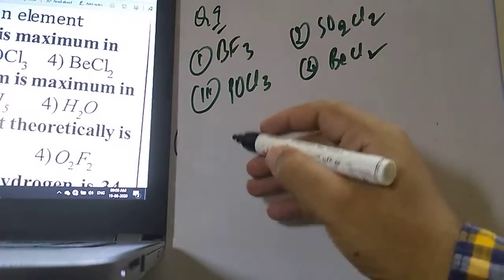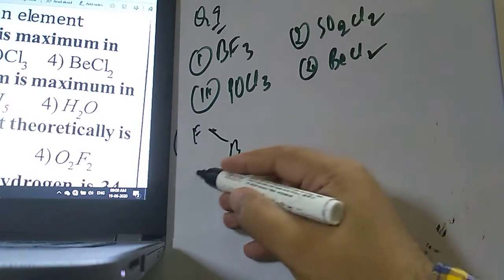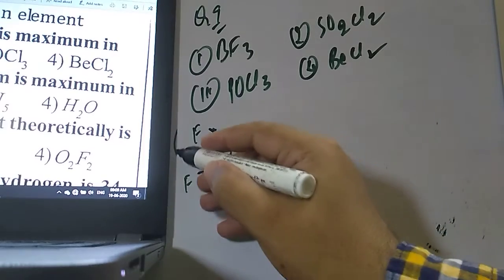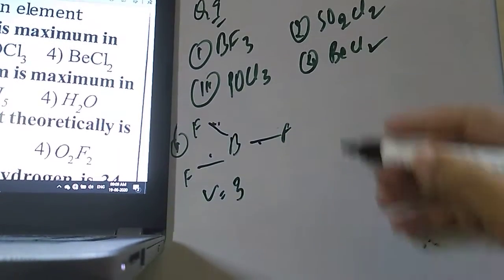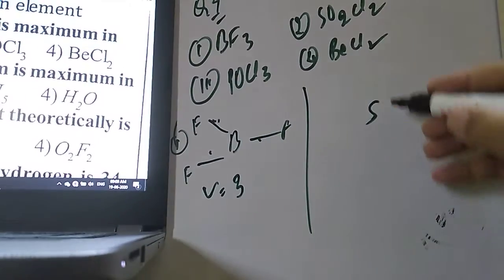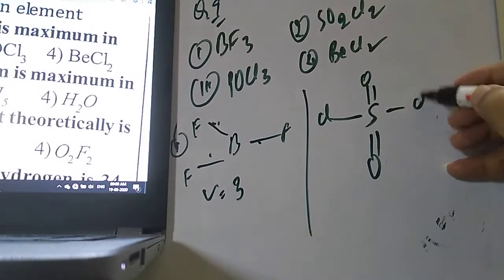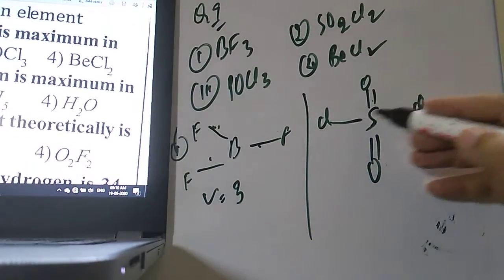You try to find out BF3. Here is a fluorine atom, here is a fluorine atom, and here is a fluorine atom. Count the total number of bonds: 1, 2, 3. So valency is equal to 3. Now option B. Here is O, here is O, here is Cl, and here is Cl. So the total number of bonds, student: 2, 2, 4, 6, 7 and 8.